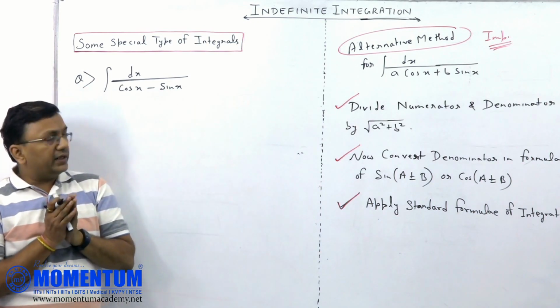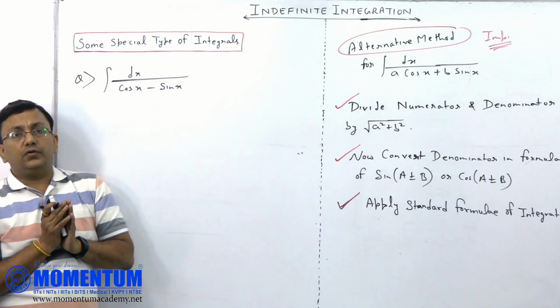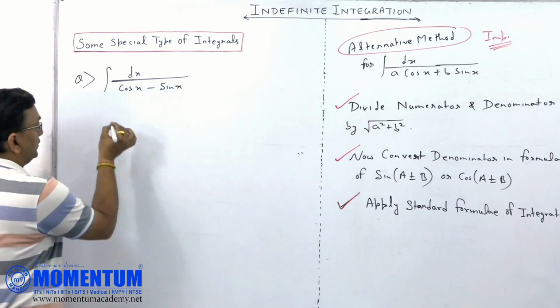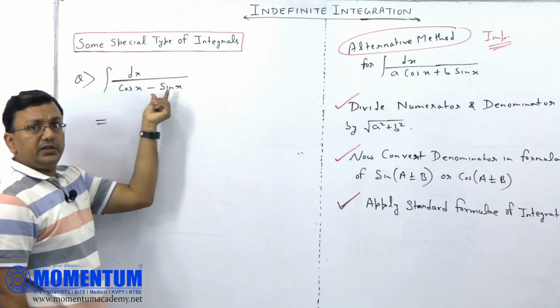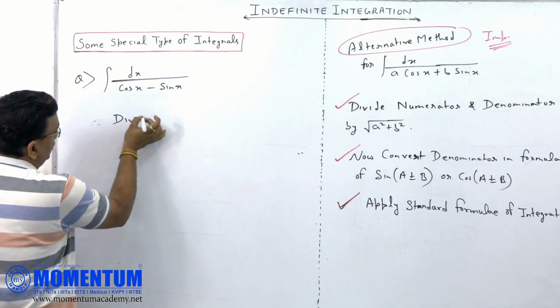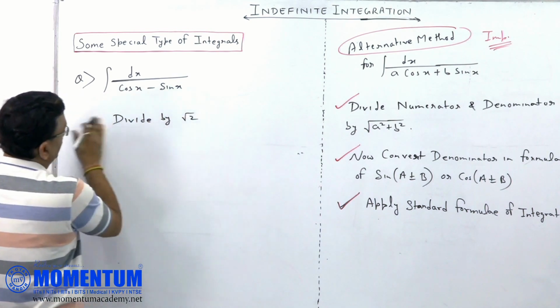But you will find that for this problem the answer is given following the alternative method. The same I am going to apply. Root over a square plus b square: a is 1, b is minus 1. Root over a square plus b square will be how much? Root 2. So I am writing divide by root 2.